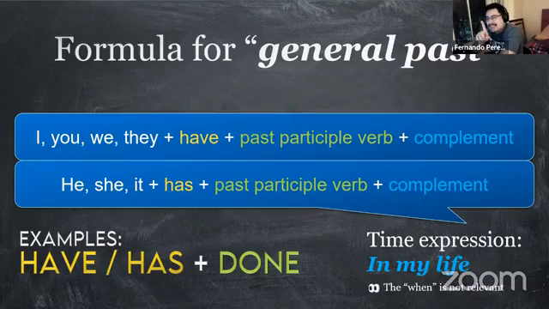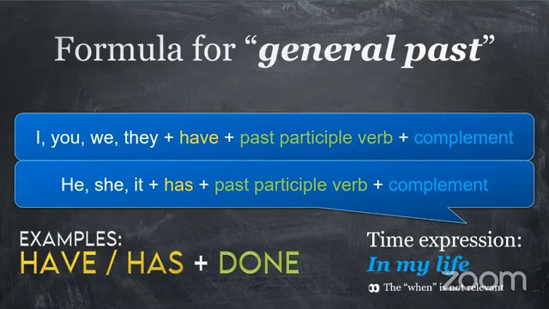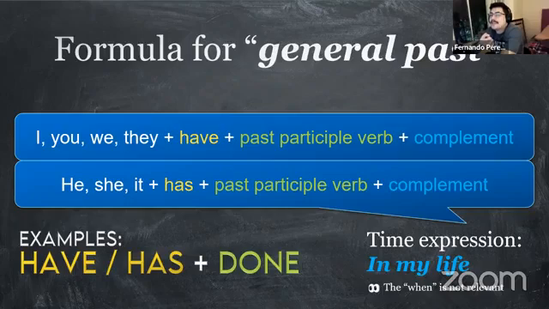And it's not can because you're talking in past. What is the equivalent to can in past? Abilities in past. Can, could. Good.